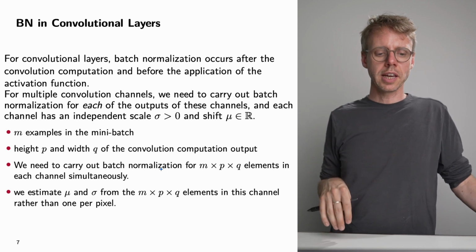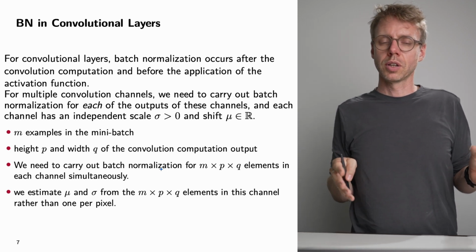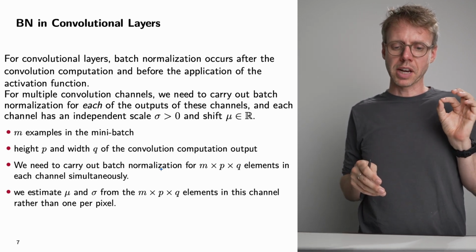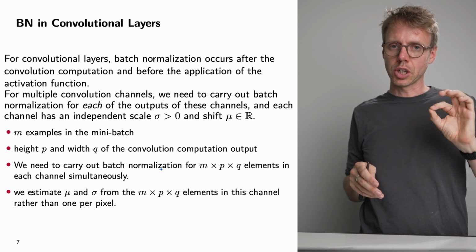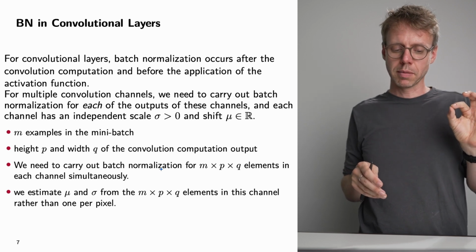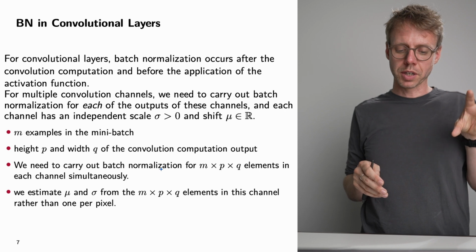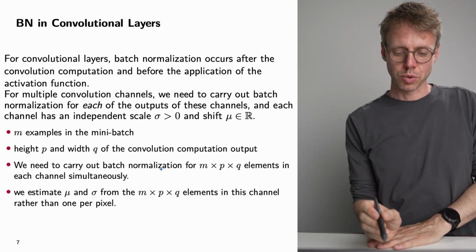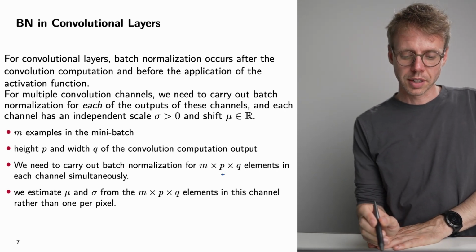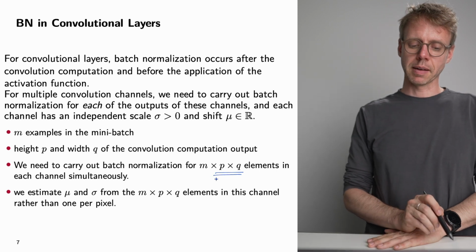In convolutional layers, we typically don't want to apply batch norm for each pixel separately, but rather we would apply it to all the pixels at the same time.